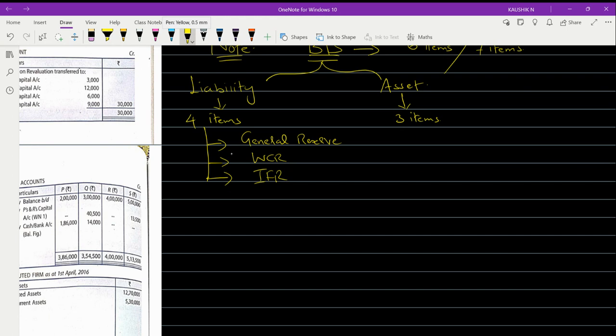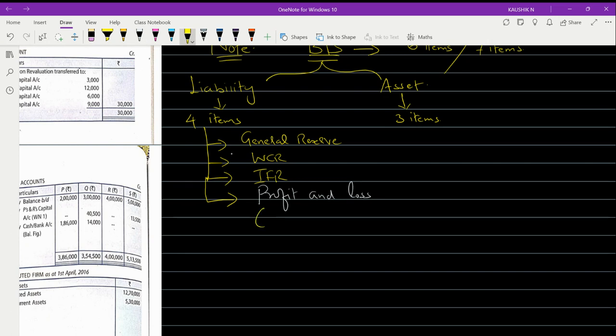Now, the fourth item under the liability side is the profit and loss account that you will come across. What do you mean by this profit and loss account?